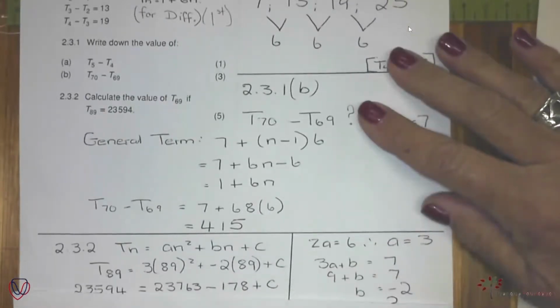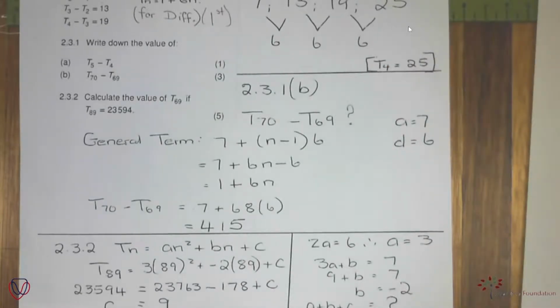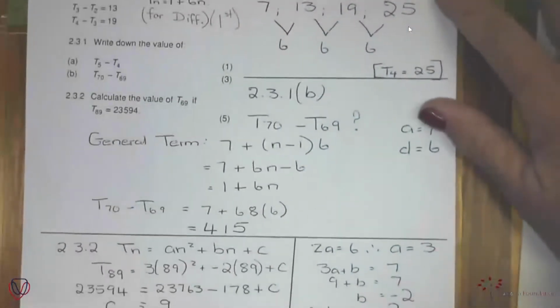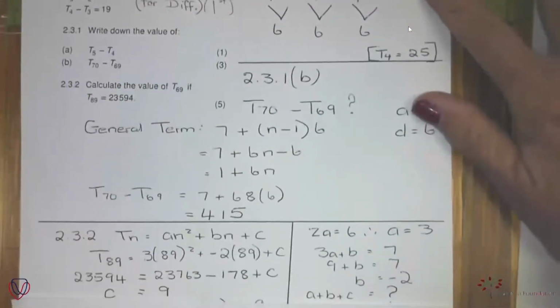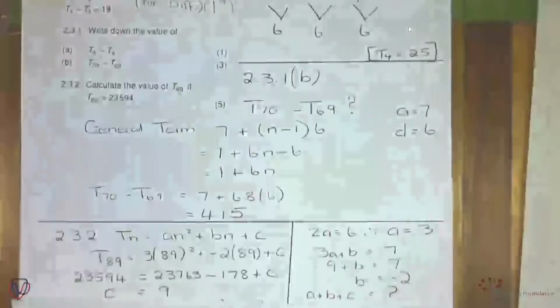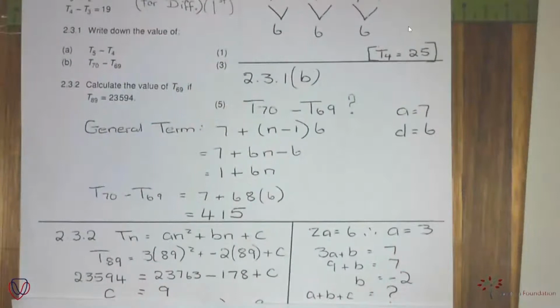B is negative 2. But we can't find C because we don't have the actual sequence there on top. Can you see that? There should be another row there which is the actual given sequence. This was the first difference and this was the second difference. Have you got it?